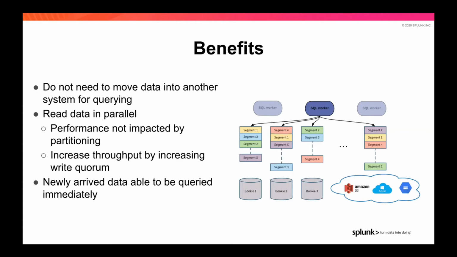I can query the data more or less directly. And because of Pulsar's architecture, we're able to read the data in parallel, and performance is not really impacted by how you do the logical partitioning of topics. It depends more on the number of replicas that Pulsar is writing to the underlying Bookkeeper cluster.